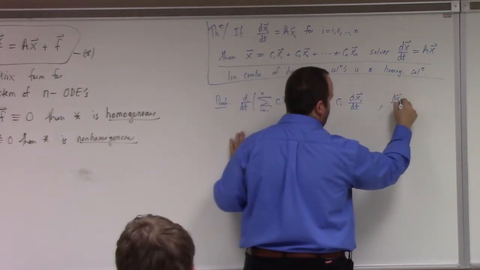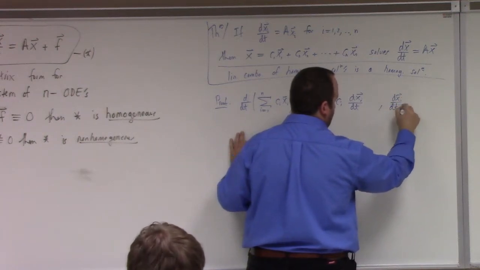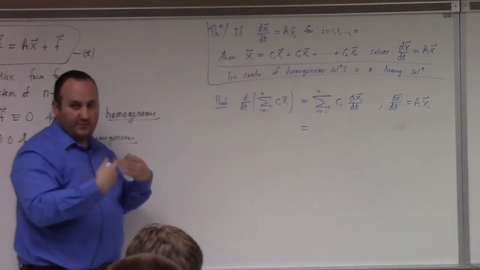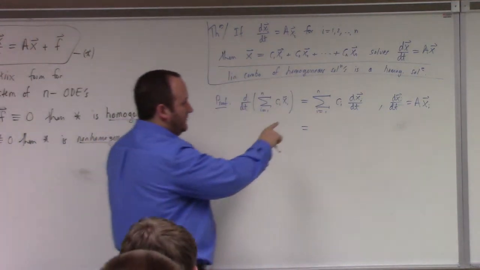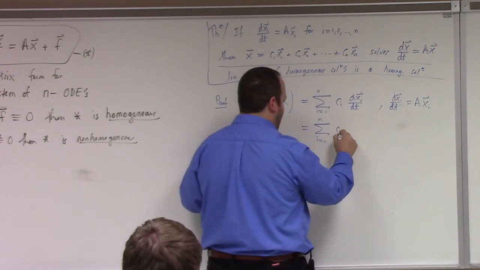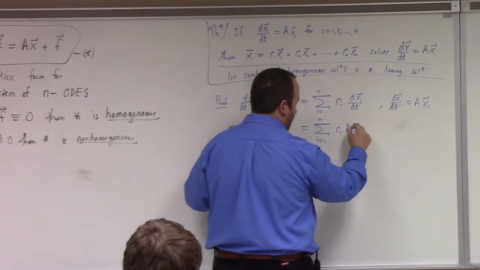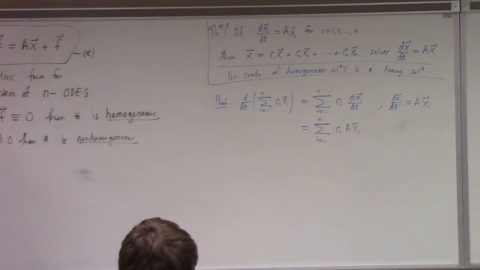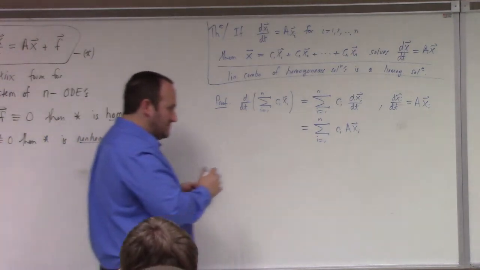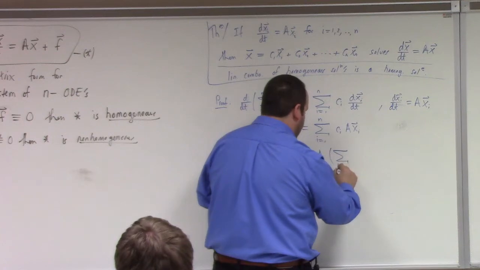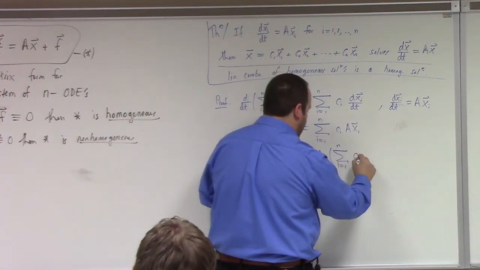We're given that dxi dt is A times xi. We're given that they're solutions, right? So I can rewrite this as the sum, i equals 1 to n, of ci times A times xi. But then, by properties of matrix multiplication, which you will all study in more depth in your 221 course or your 321 course, whichever you take, you can pull that constant inside the matrix multiplication like so: the sum, i equals 1 to n, of ci xi. And what's that?